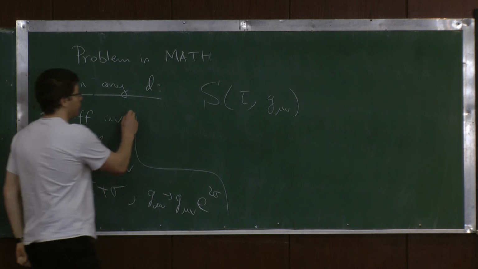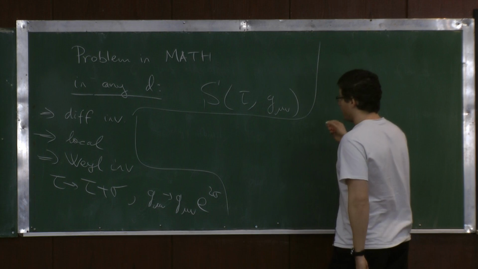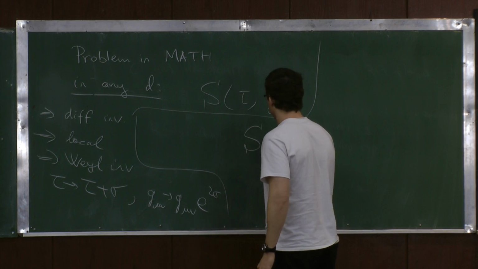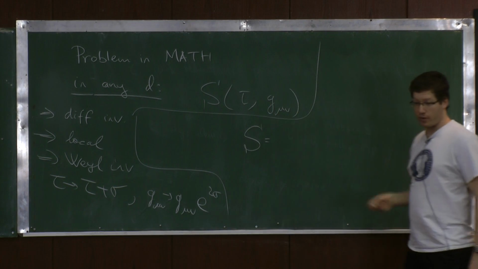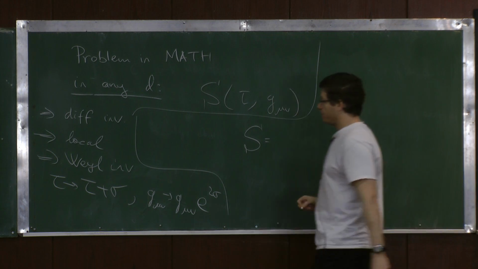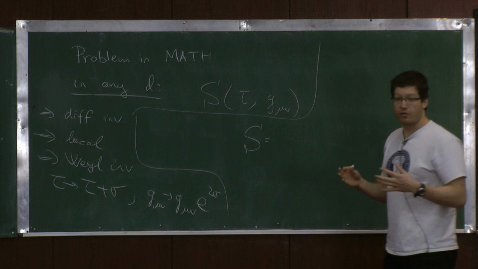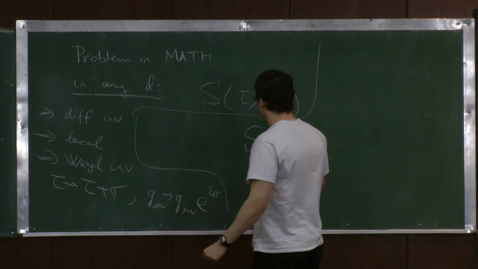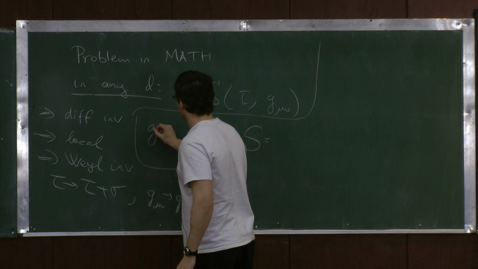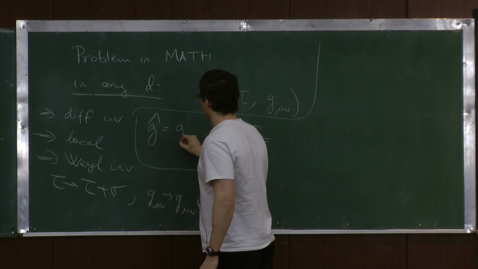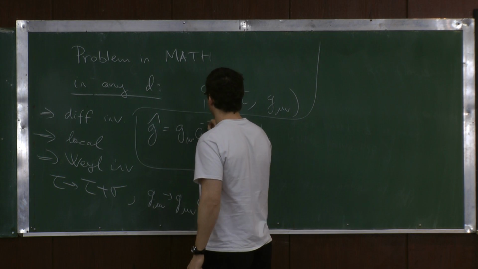So let's start in 2 dimensions. In 2 dimensions, it's really easy. We can start to write actions which satisfy all these three requirements. In fact, the last requirement, Weyl invariance, can be taken care of really easily by defining an auxiliary object, g hat, which is given by G mu nu e to the minus 2 tau.